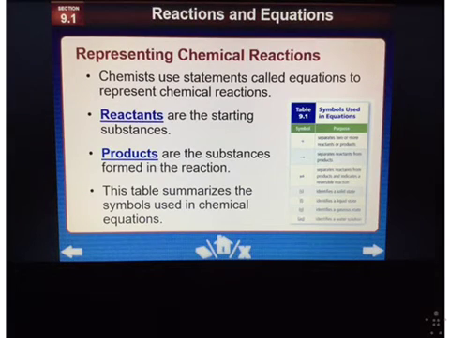So when you're representing a chemical reaction, we're going to use something that chemists call an equation, where your reactants are the starting substances and the products are the substances forming the reaction.